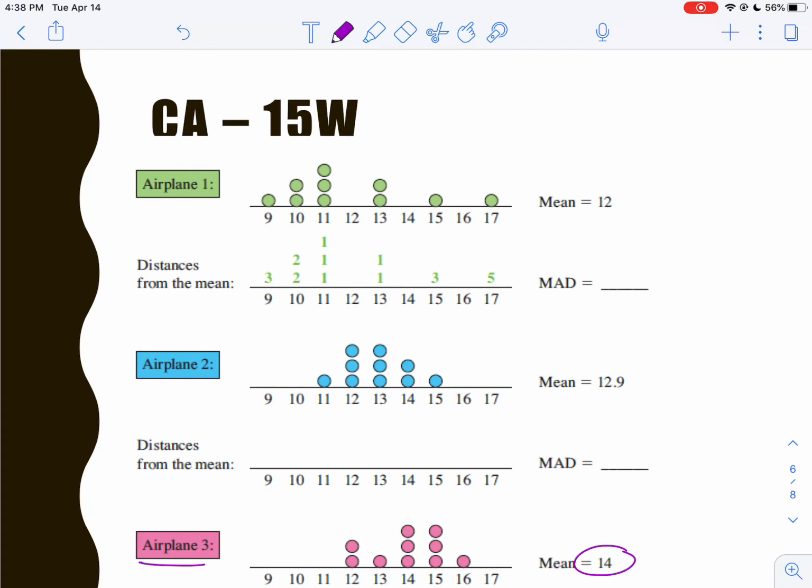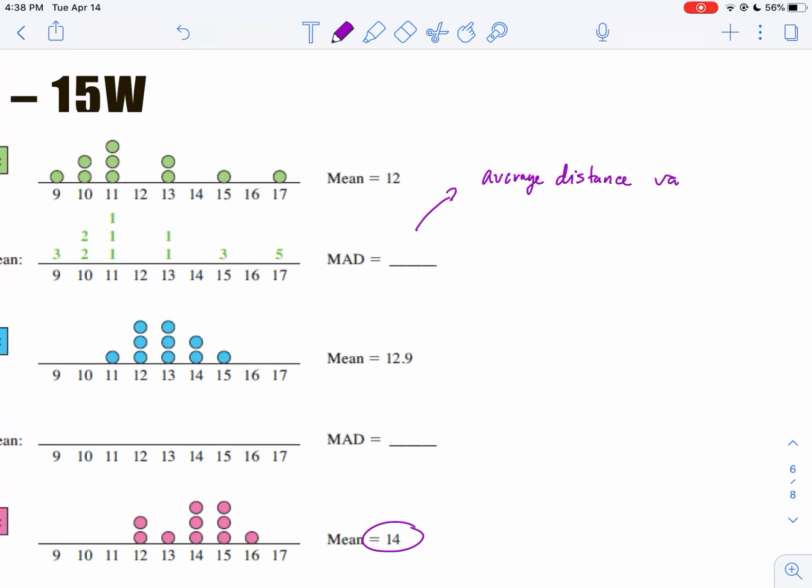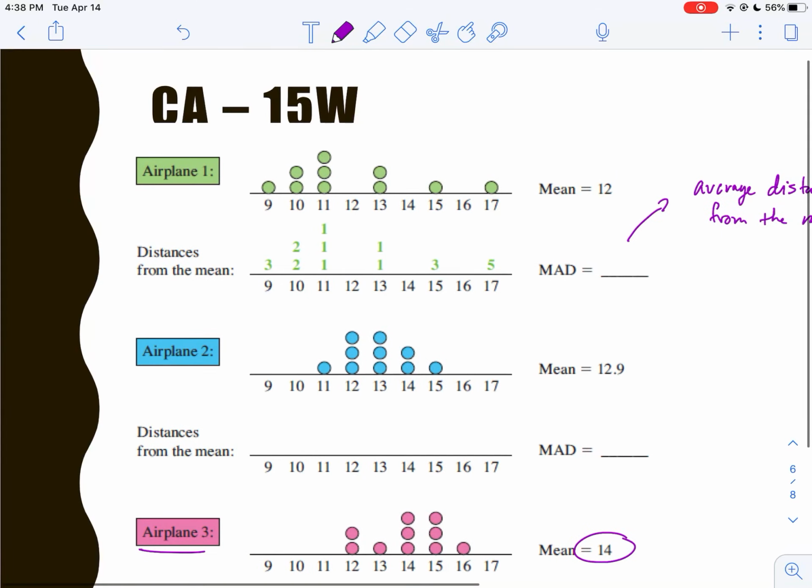So to get started, we first have to review MAD, what it means. If you remember, I said it's the average distance values are from the mean. So in this first example, they've already found distances from the mean. So how far is 9 from 12? Well, it's 3. Now, probably just almost intuitive to look at it and say it's 3 away.